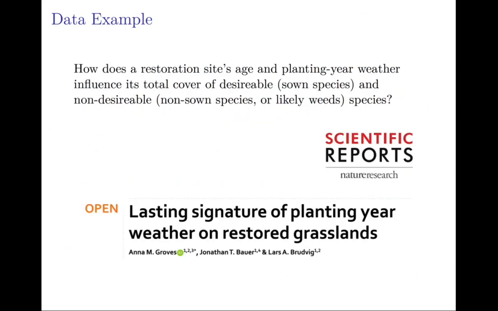We'll be focusing on this paper by Groves, Bauer, and Brudvig, and they're looking at grassland restorations and how a restoration site's age and weather in the planting year influence its total cover of desirable species, which are prairie species, the ones that were sown that we want, and the non-desirable species, and these are mostly weeds.